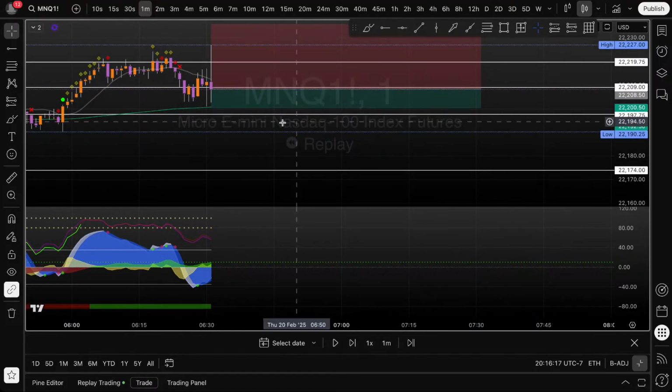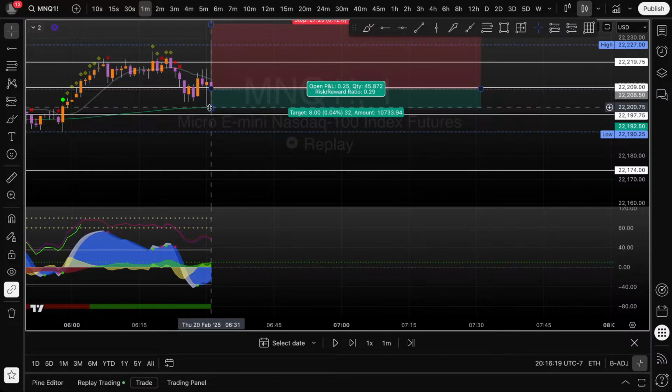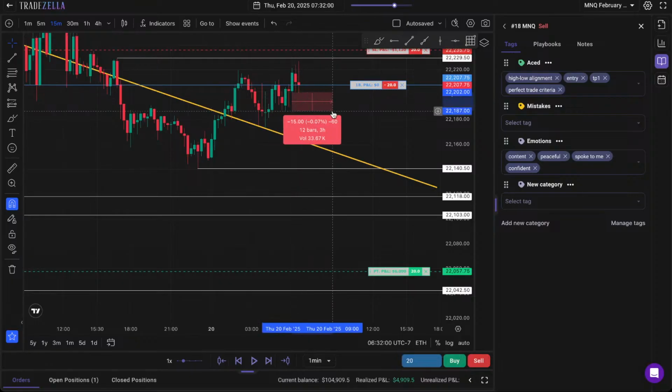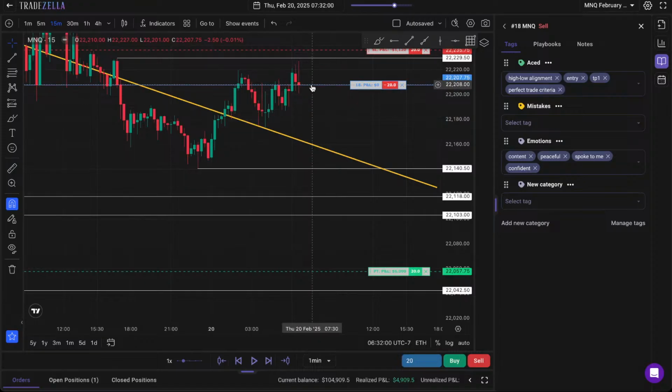That's not my TP1, folks. My TP1 is in this area, I said. Oops. There we go. Right on that doji, 185.